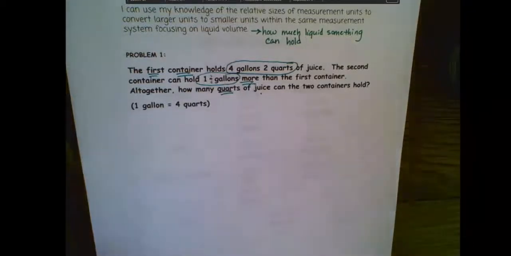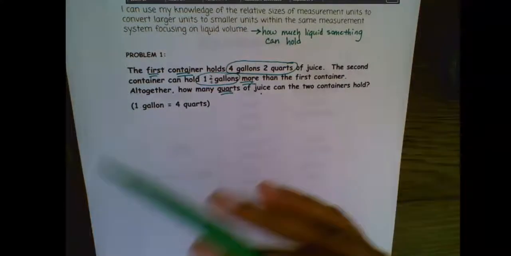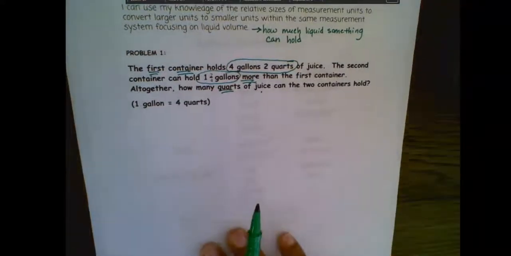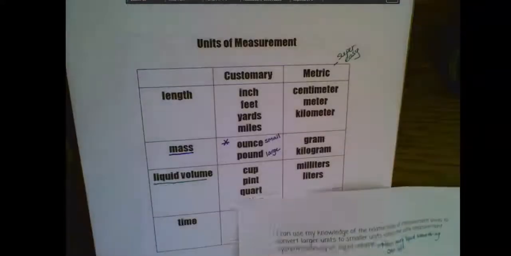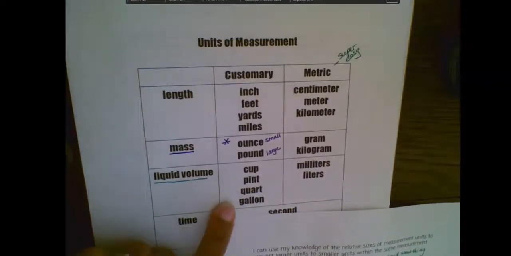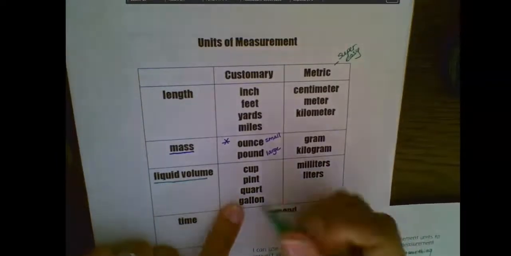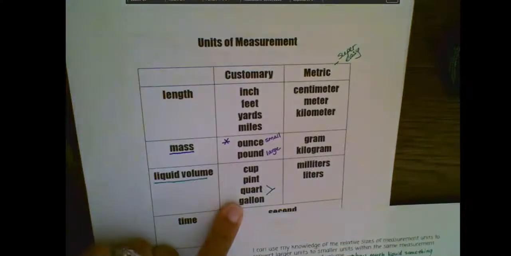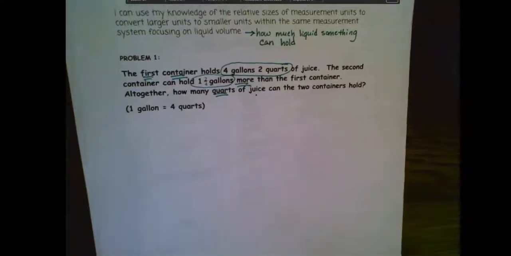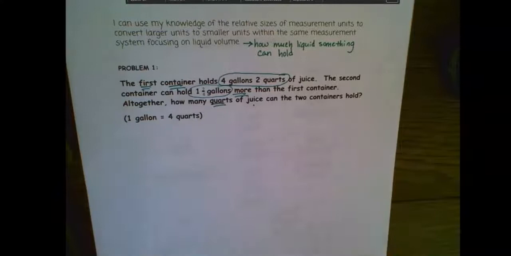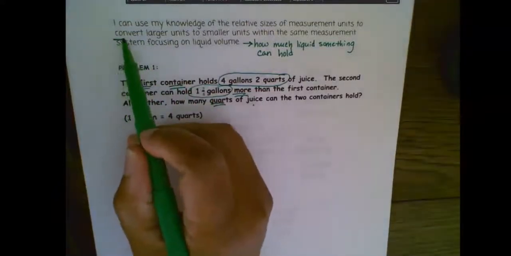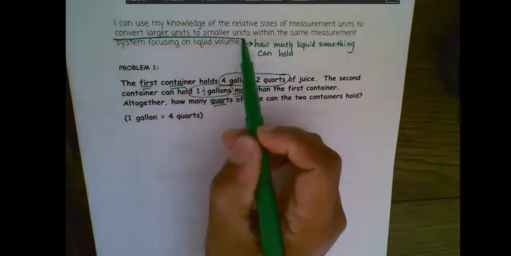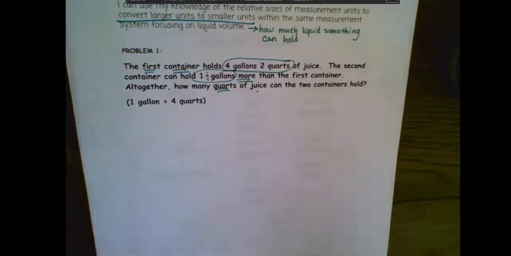So right away I see that there are 2 different units of measurement within the same system, because if I look back, I see gallons and quarts. And I know from my I can statement that we need to convert the larger units to smaller units.